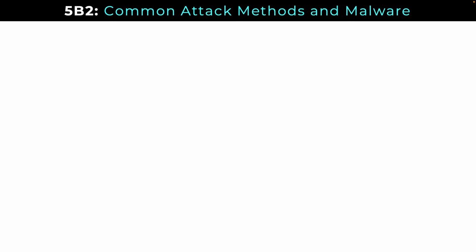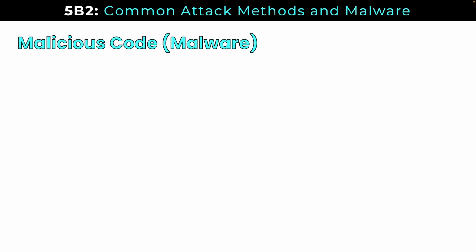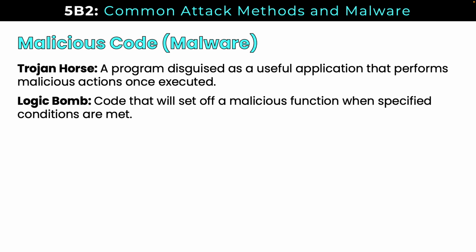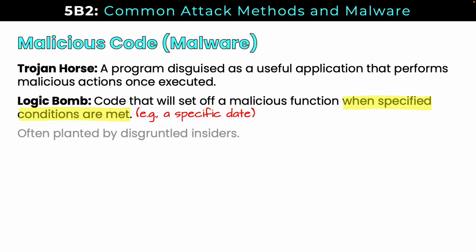So there's malicious code or malware, and we have a few flavors of malware you should be familiar with. The Trojan horse, which is a program disguised as a useful application that performs malicious actions once it's executed. There's the logic bomb, which is code that will set off a malicious function when specified conditions are met, such as a specific date and time.